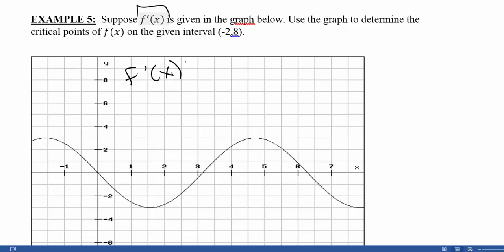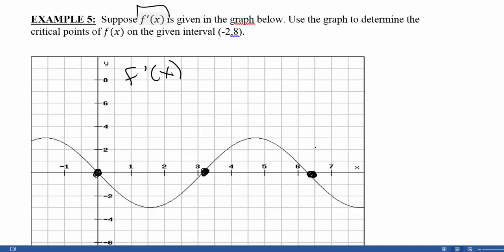The graph of the first derivative is going to equal 0 whenever we cross through the axis. So here, here, and here. So these are the points where the first derivative equals 0. And these are the points, therefore, where the original function, f of x, is going to have critical points.